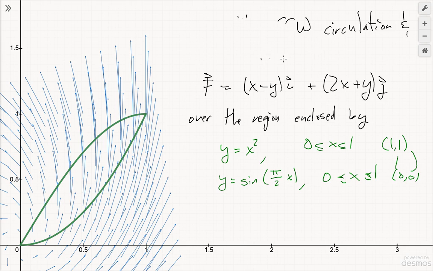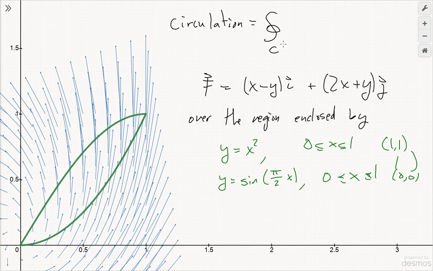So let me set up the integrals for both the circulation and the flux, and then evaluate them individually. So the circulation is the integral over C of x minus y dx plus 2x plus y dy.